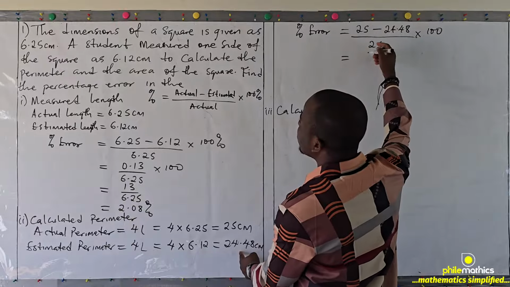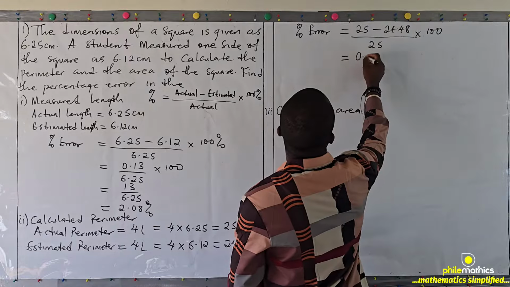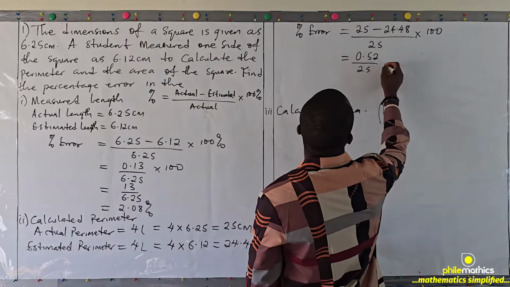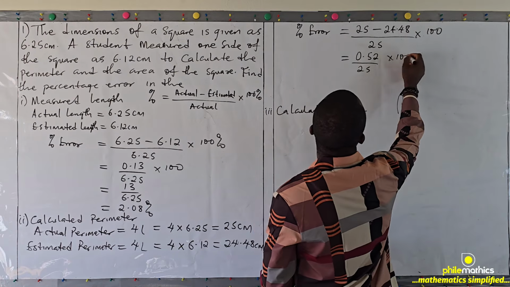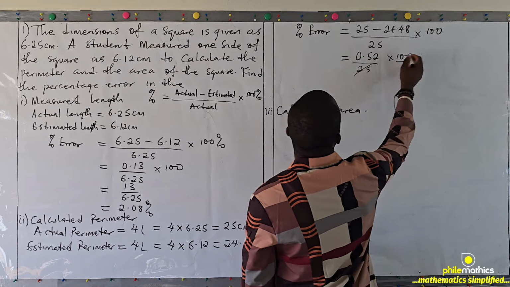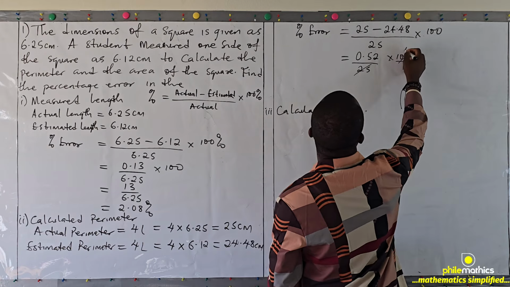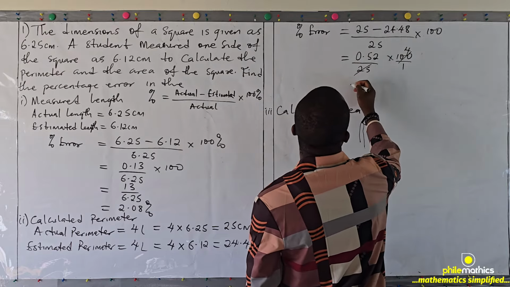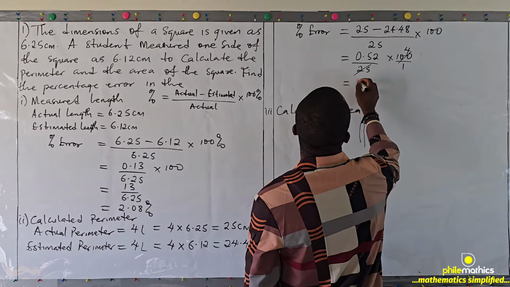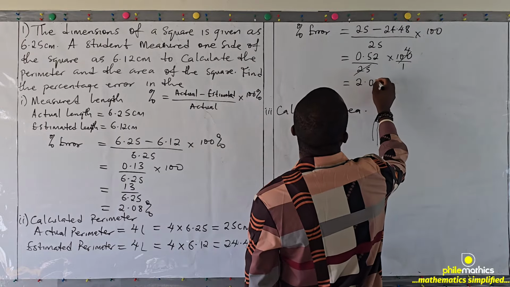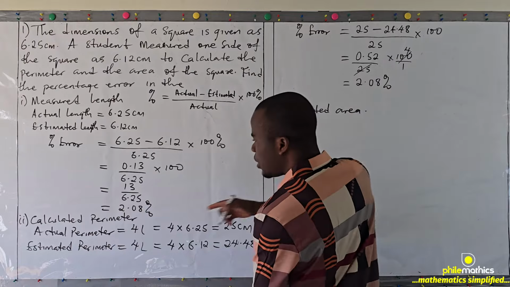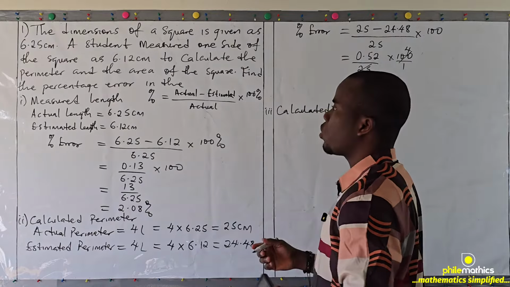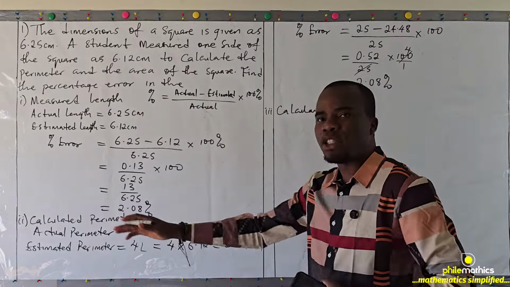If we subtract this, we'll get 0.52 over 25 times 100 over 1. 25 can go into 100 4 times, and 4 times 0.52 is 2.08%. Almost the same thing as in the length, probably because we are just in one dimension.